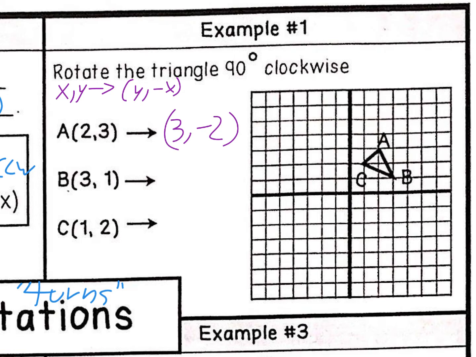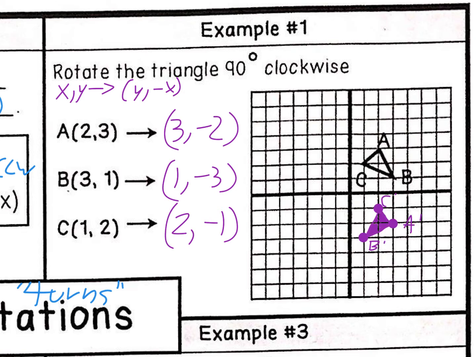B will go from (3, 1) to (1, -3). And C will go from (1, 2) to (2, -1). Now at this point I'm going to pause the video to draw this out, and then I'll restart when finished.